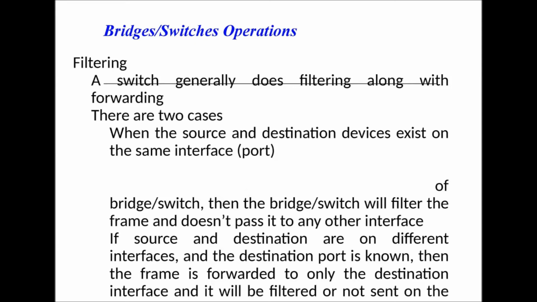So filtering is again an important operation of a bridge or switch, which is performed to transfer the frame to its intended destination on the basis of interfaces, ports, as well as MAC addresses.